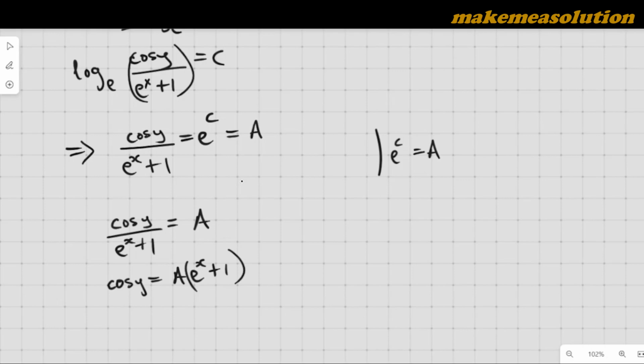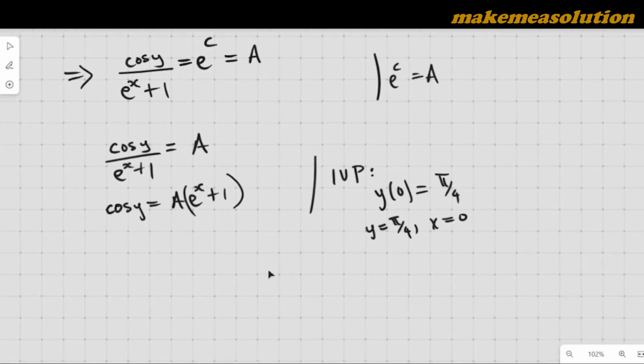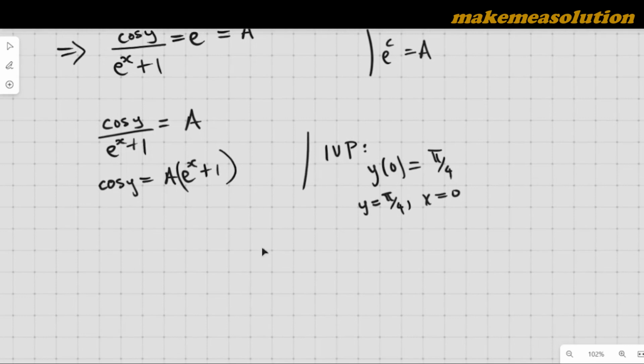Now let's go ahead and apply the IVP that was given to us. The IVP was y of 0 is equal to pi over 4. So remember we said that this means when x is 0, y is pi over 4. So let's go ahead and apply and see what we're going to get.